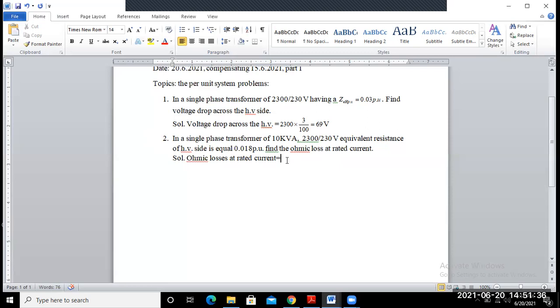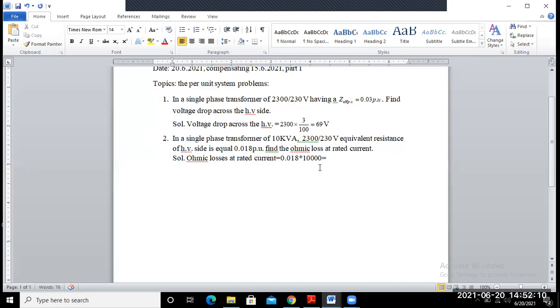So 0.018 into 10,000, that is 10 kVA, is equal to how much? 180 watt.